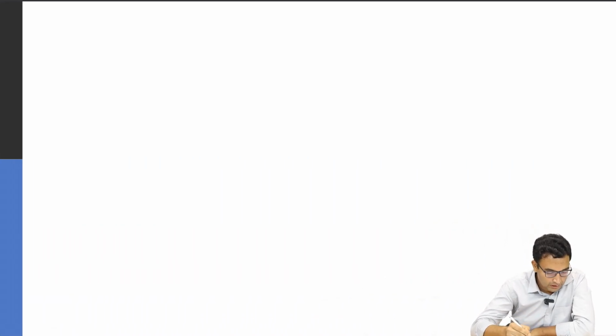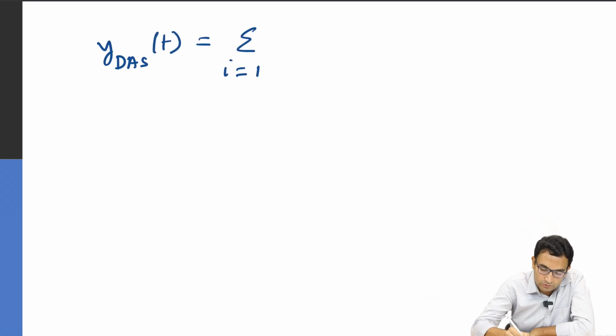Okay, so essentially after our beamforming process is complete, for each element we have summed the signal, right? If you remember the formula where we are getting y_DAS(t) equals the sum from i equals 1 to N of s_i(t), where s_i is the appropriately delayed signal, or you can call it s_i prime of t, doesn't really matter.